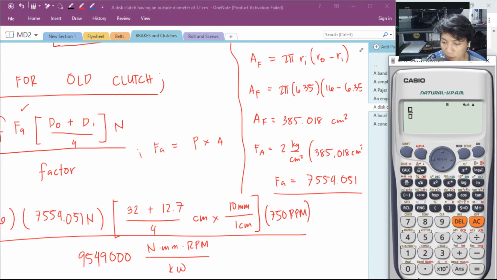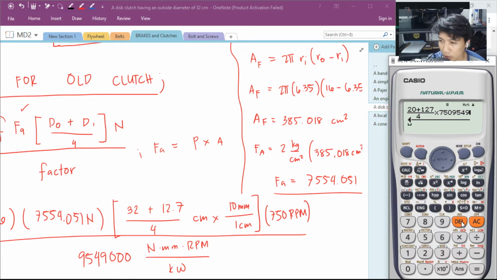So, solve na natin. 0.6 times 7,554.051 times 320 plus 127 divided by 4 times 750 divided by 9549123.